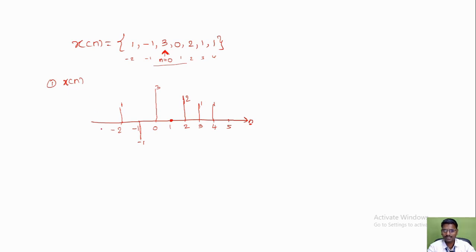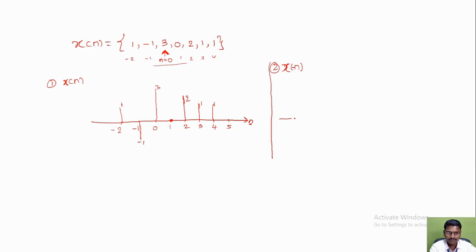With the help of this reference signal x of n, I am going to find the next signal, my second signal, x of -n. So I need to find the value for x of -n.